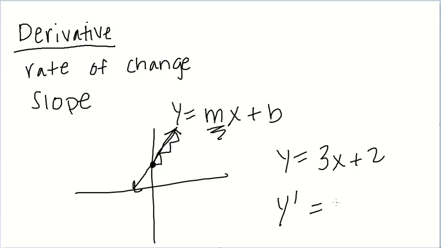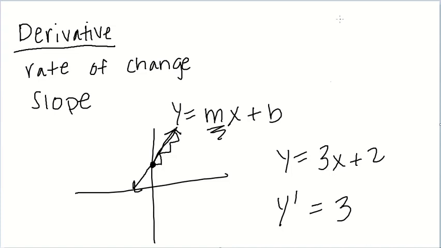And the notation that we use is this little tick mark, this apostrophe mark. This is read y prime. That little tick mark means prime, and it means the derivative. So if I had this function y equals 3x plus 2, then y prime, or the derivative, is 3. So we're saying that the slope of this function is 3. That's a somewhat familiar concept for you already when we're talking about lines.